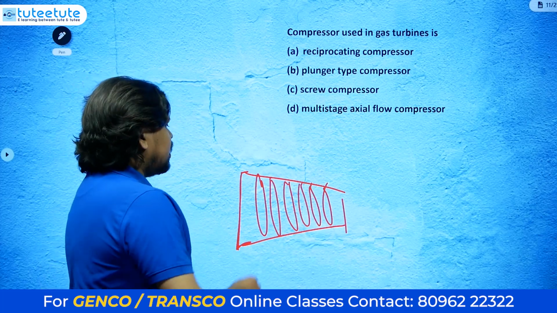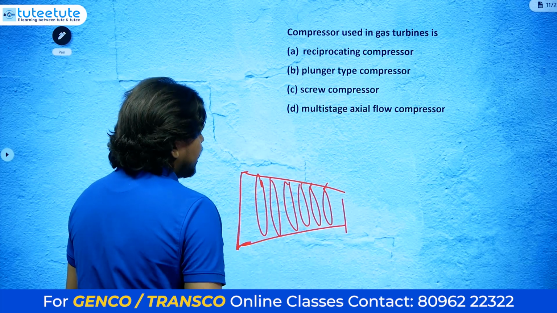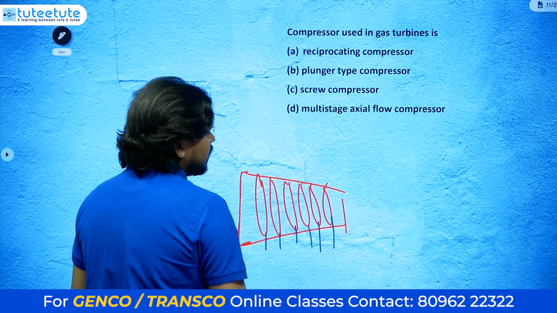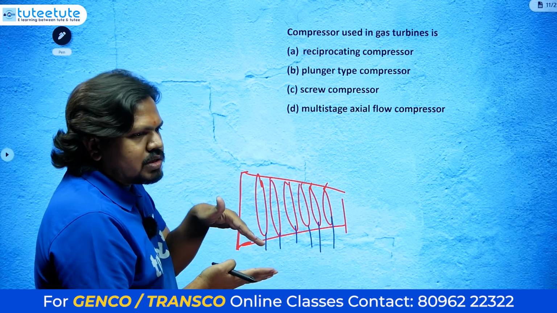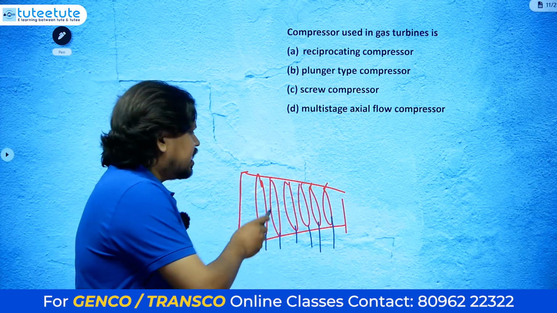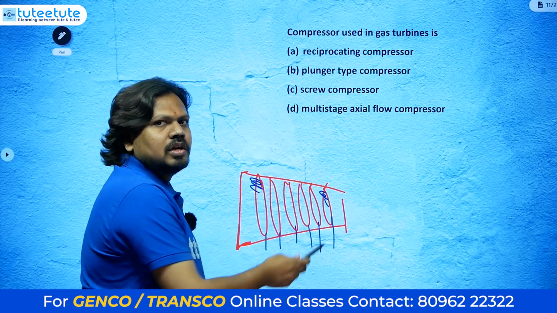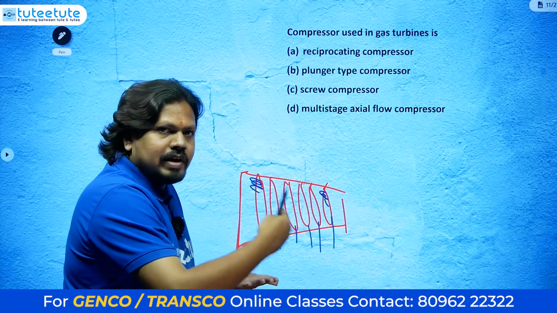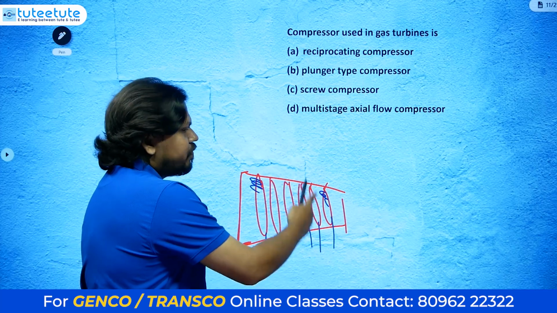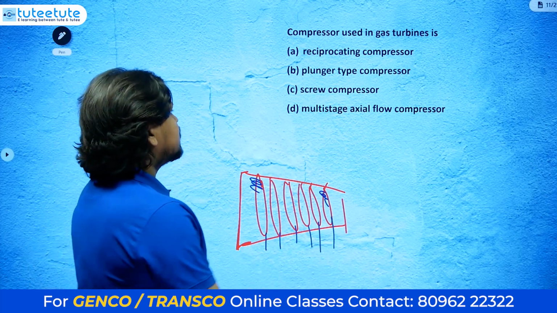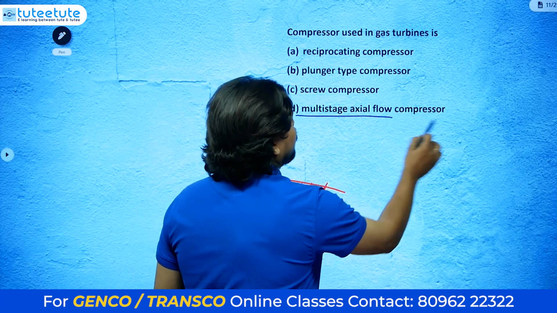In this entire compression area we have multiple stages: first stage, second stage, third stage, fourth stage, fifth stage. As the area decreases, bigger blades will be here, smaller blades will be there. That means it's compressing at different levels. So many stages are there in the compression. That's why it is a multi-stage axial flow compressor.